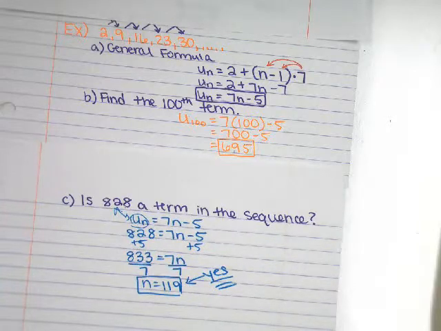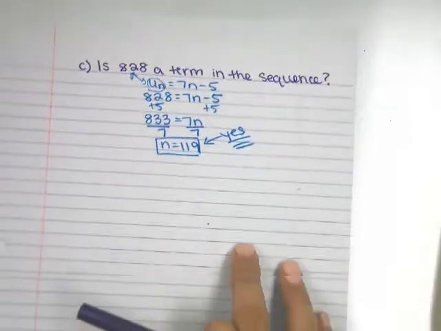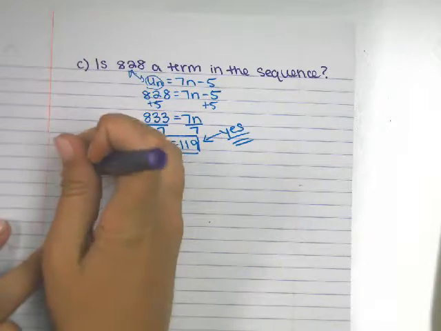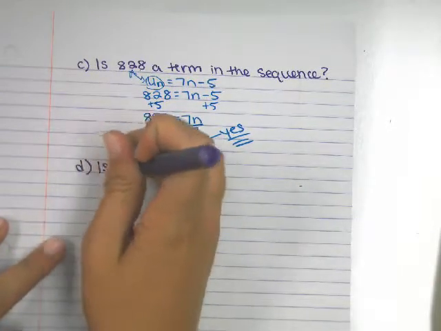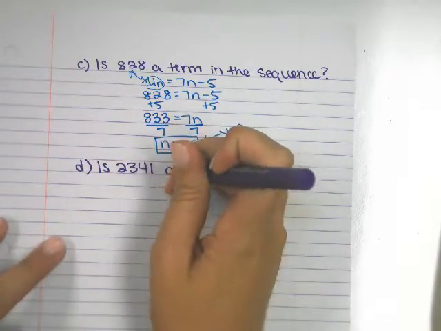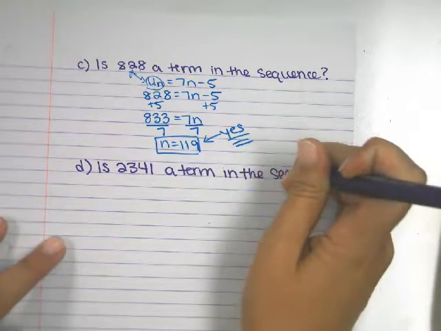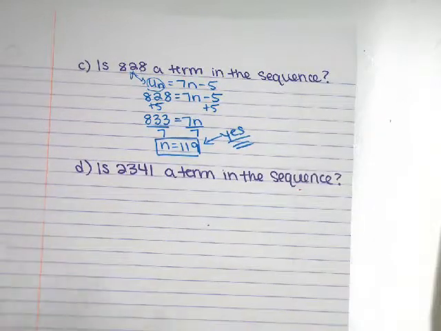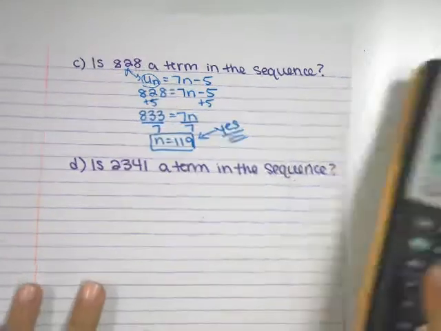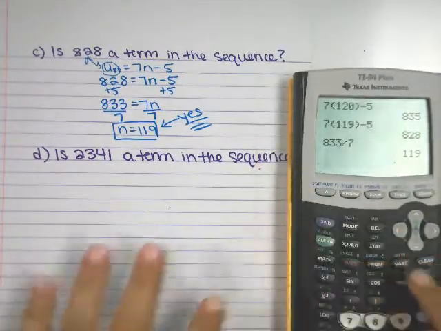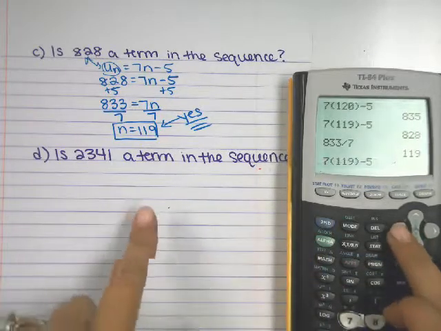So what would this look like if we had a value that wasn't a term? So D. All right, that's a really big term. So we could go back to our guessing and checking strategy. Let's see, there's our deal here.